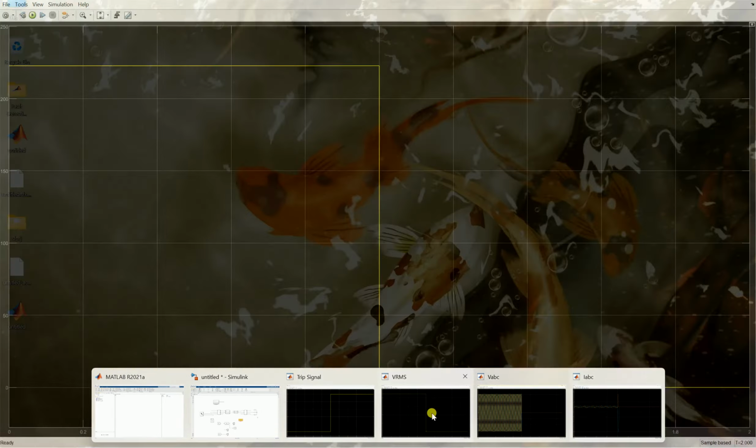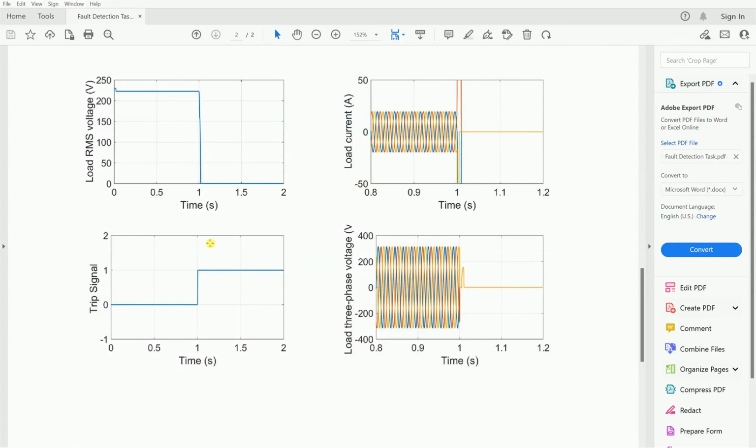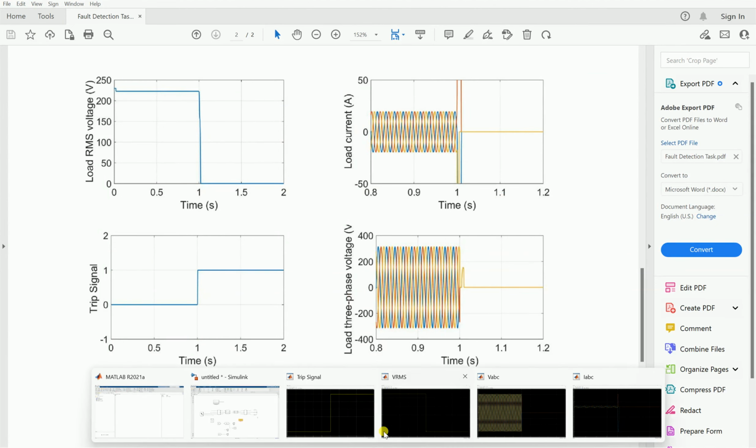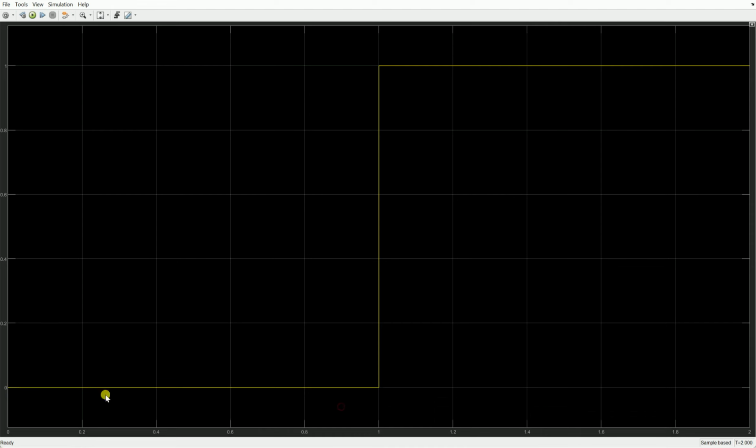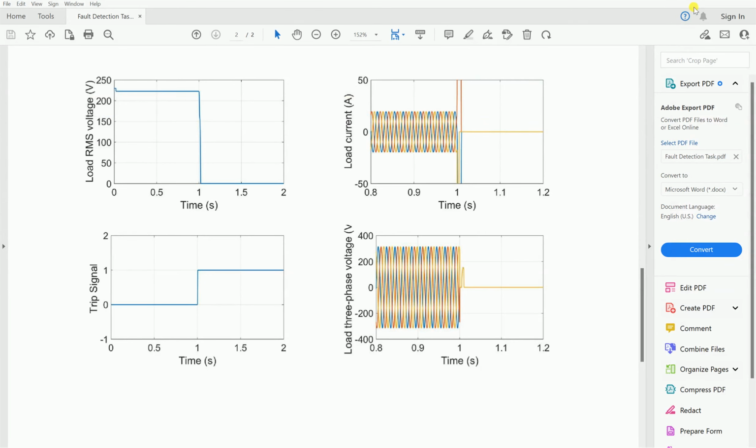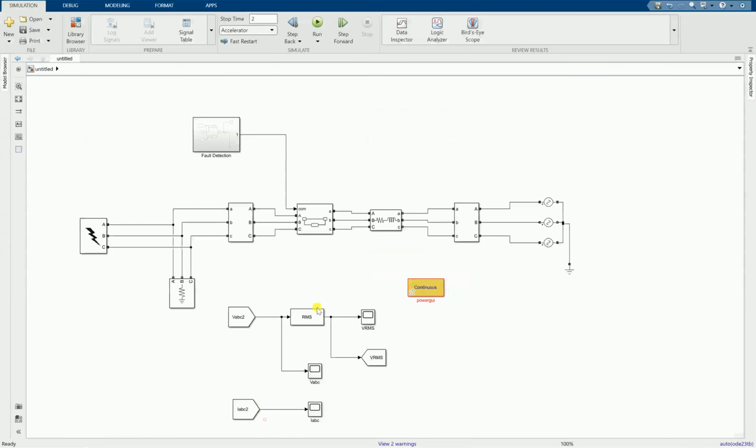What else? We need the trip signal: 0, then boom, 1. Here 0, then goes up to 1. So this was an example of fault detection: how you can add an over-voltage and under-voltage fault detection scheme to the system or any system you have. I hope this lesson was helpful for you in understanding more about Simulink.